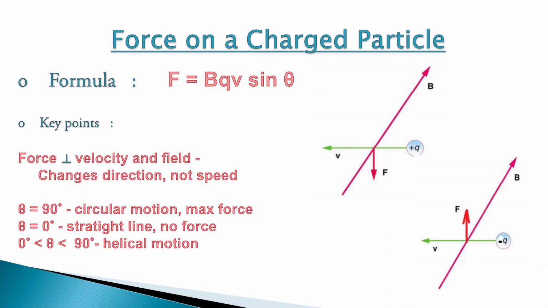It is 0 when theta equals 0 degrees, that is, velocity is parallel to the field. Then the particle moves in a straight line. At intermediate angles, that is, theta between 0 and 90 degrees, the particle moves in a helix along the field lines. So, the particle speed stays constant, the path curves, and the force changes in magnitude depending on theta.